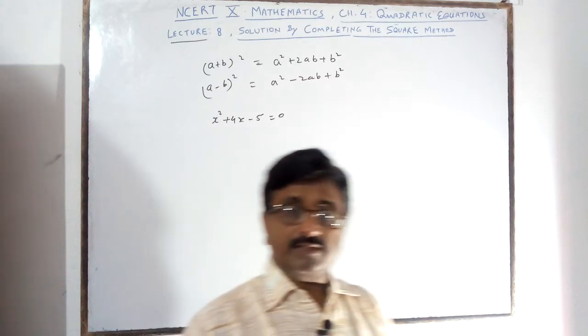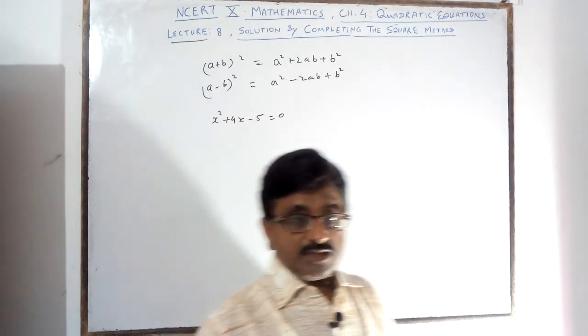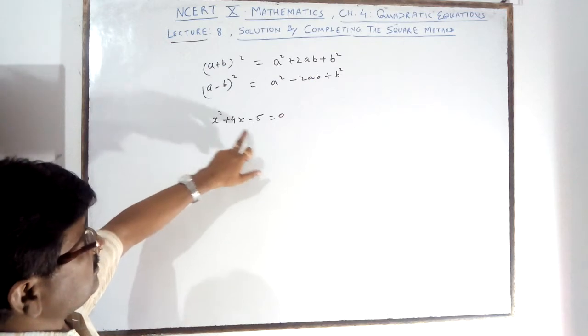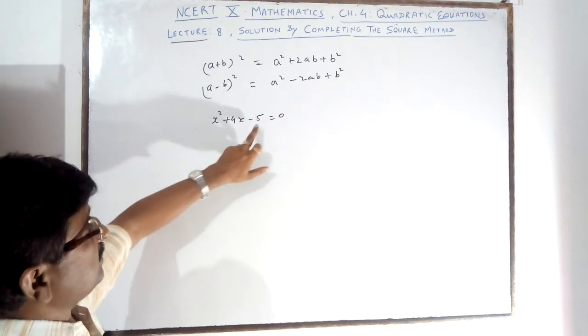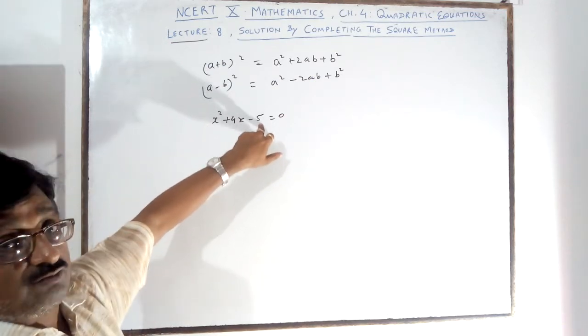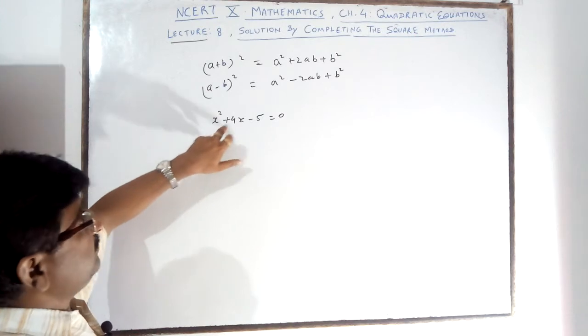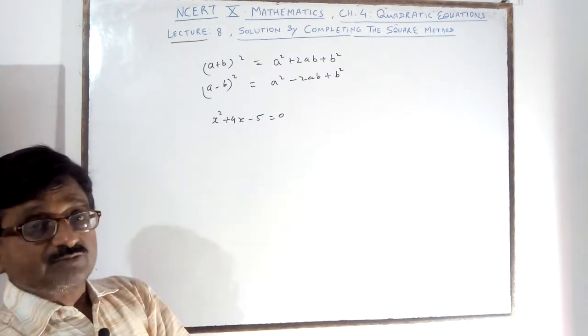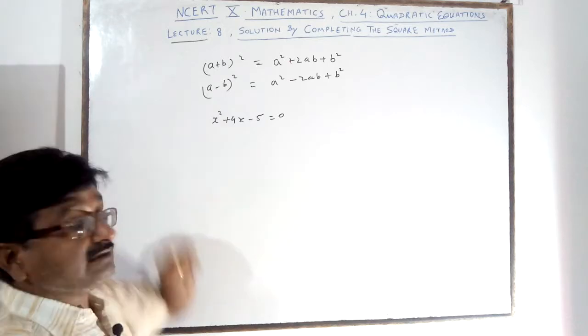You want to find the solution of this by completing the square. You can get the factors by middle term factorization also, 5 and minus 1, because 5 minus 1 gives the middle term.